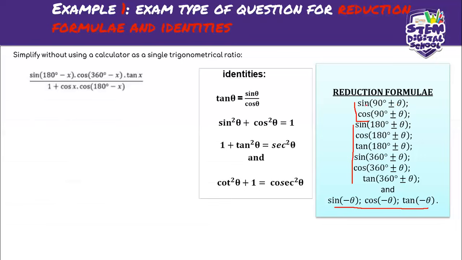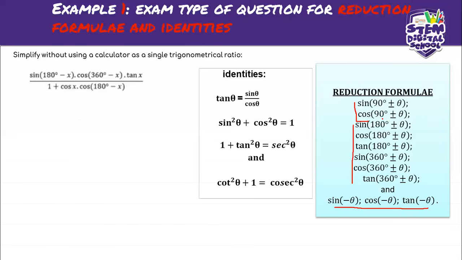We are having sine into 90 plus theta. So it's equals to what? It's equals to cos theta. We are having sine into 90 minus theta. We are having what? Cos theta. Then we come to this one, of course, cos into 90 plus theta. And the answer is negative sine theta.